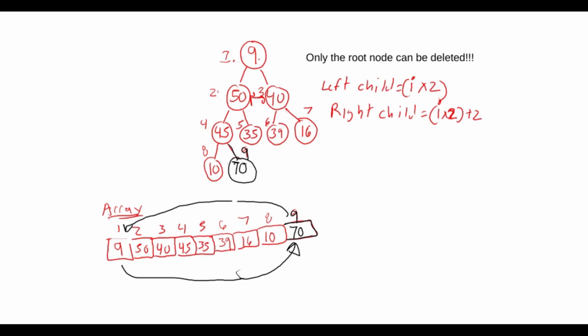So we go down here and we say, okay, which one's greater, 50 or 40? 50 is greater, so we do a swap. I'm going to change the color again. So we swap here.